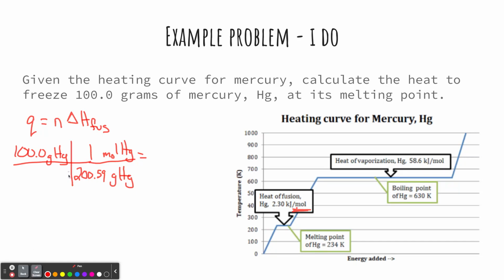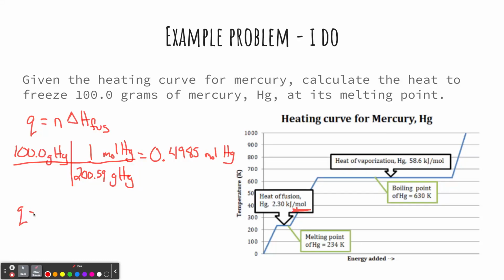All right, so it's 100 grams of mercury times 1 mole divided by 200.59 grams. So when we do this calculation, we get 0.4985 moles of mercury. Okay. From here, we're going to just plug this into our equation.